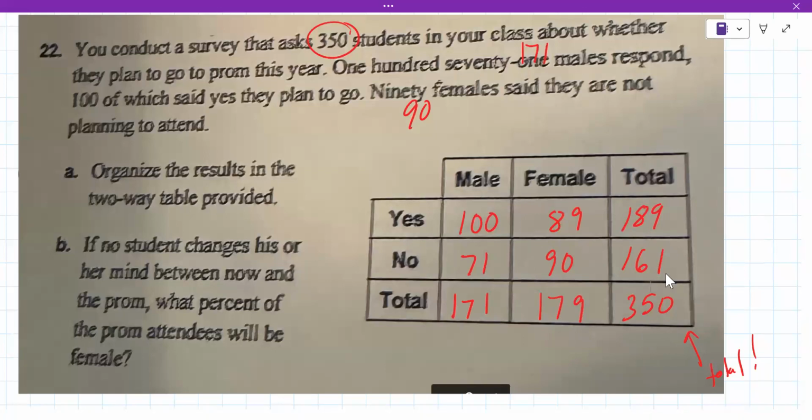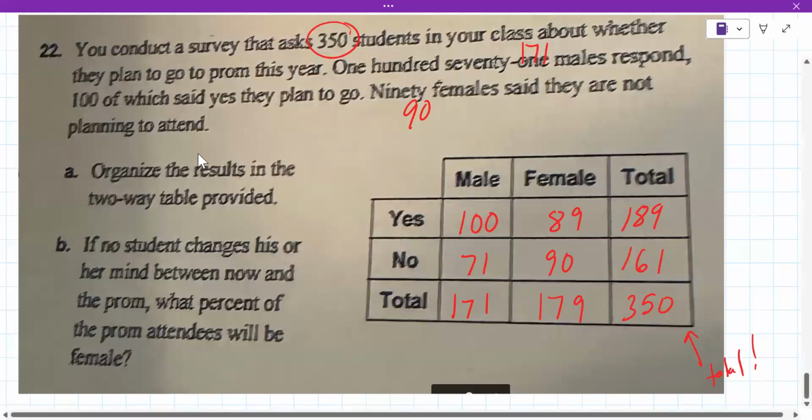And then they can ask you a bunch of questions. Like B is just an example of, I don't know, 10 questions they can ask you about this table. But you have to get the table filled out to be able to answer this. Makes sense.